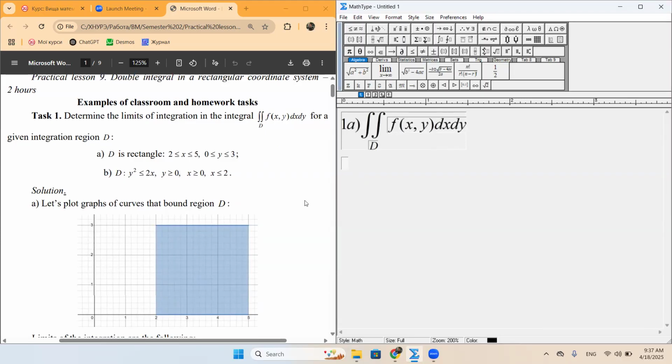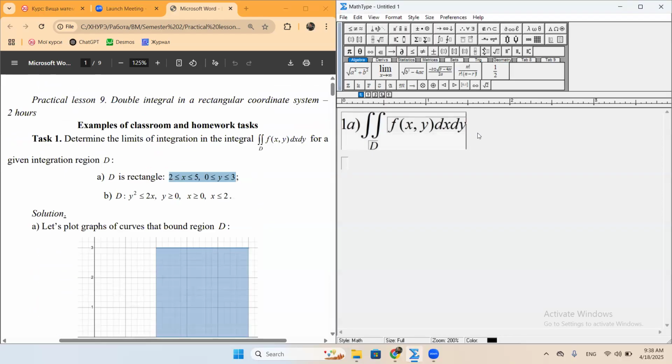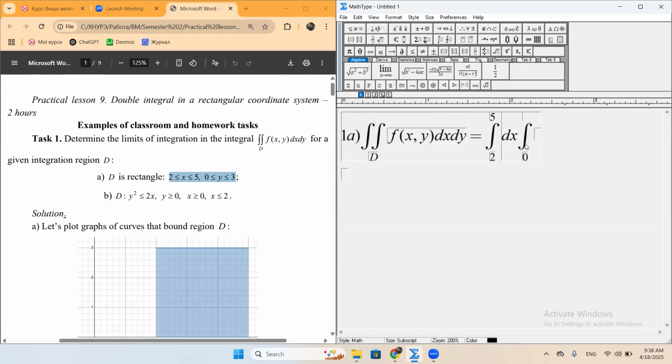So we have everything that can describe the region of integration, so we can write it in the following form. The integral will look like this: from 2 to 5, first we integrate by x, and then from 0 to 3, we integrate by y.